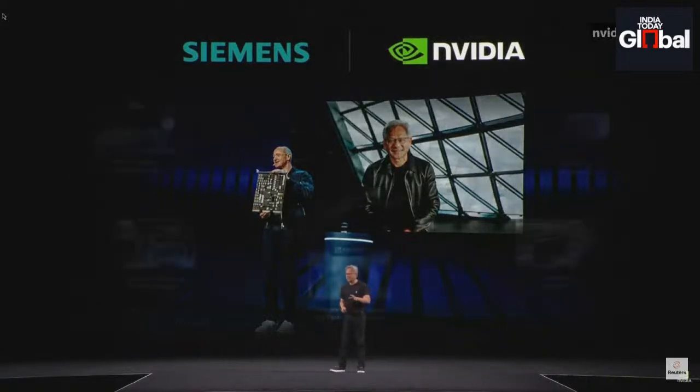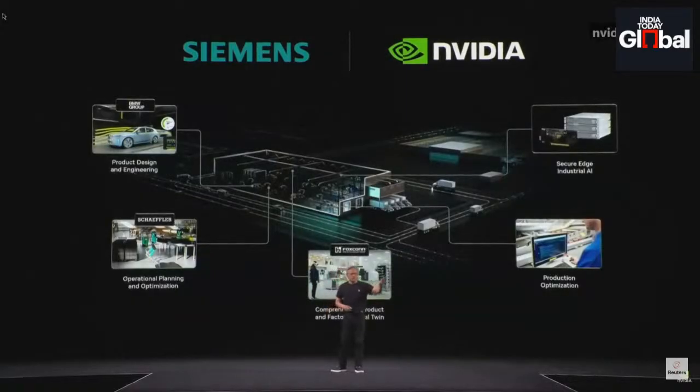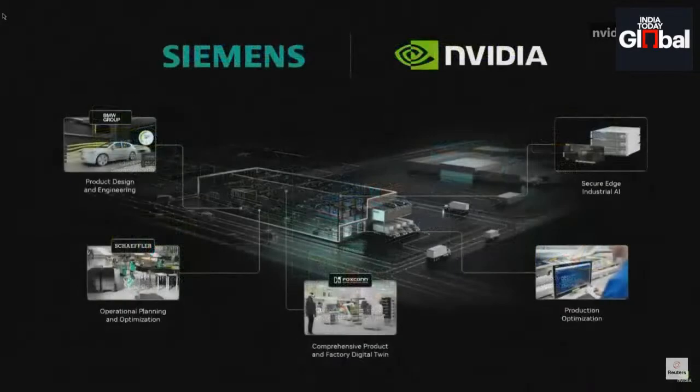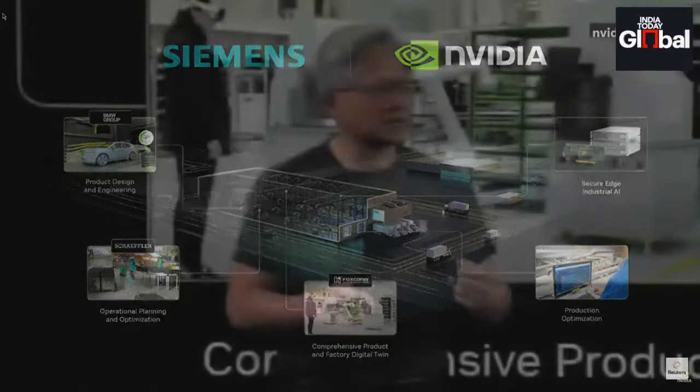We're partnering with Siemens on so many different fronts. Everything from design to simulation to digital twins of factories to operations of the AIs in the factories, everything end to end. And it just reminds me how incredible the industrial capabilities of Europe are, and what an extraordinary opportunity this is for you.